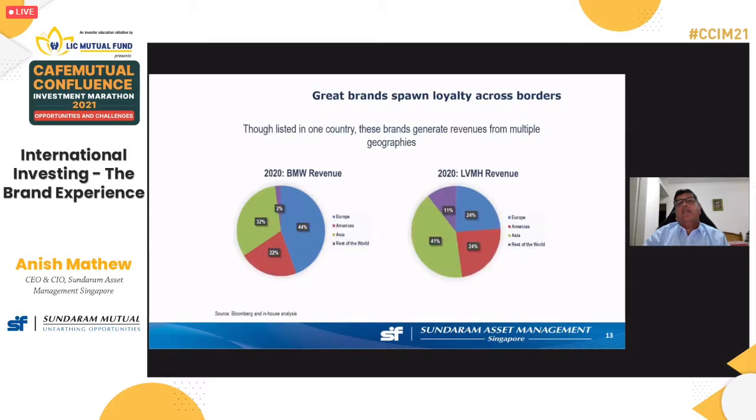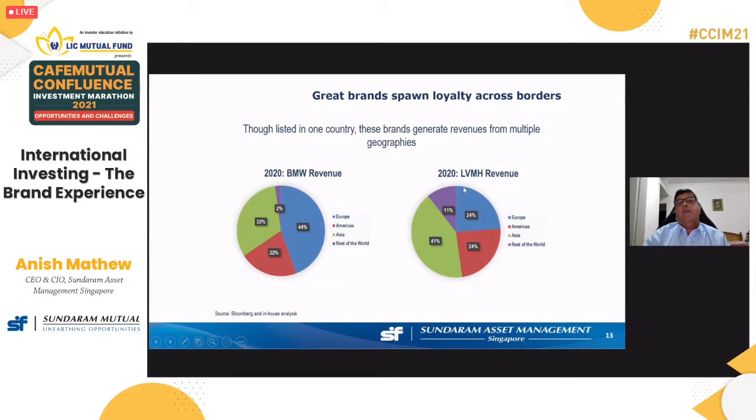The other characteristic of good, strong brands is they are able to generate revenues across geographies. If you look at BMW, the marquee German brand, only 44% of their revenue base comes from Europe. The balance, 56%, comes from all around the world.